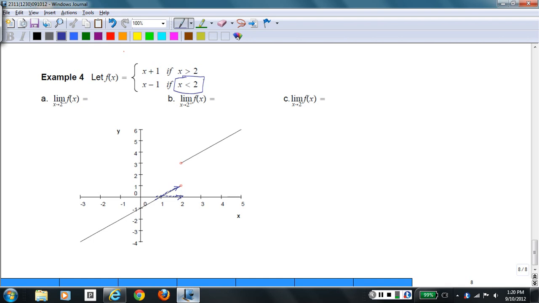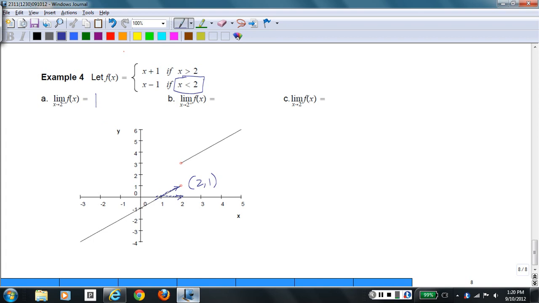This is the point (2, 1) on the graph. So the y coordinates of those points are getting close to 1. So that's equal to 1.